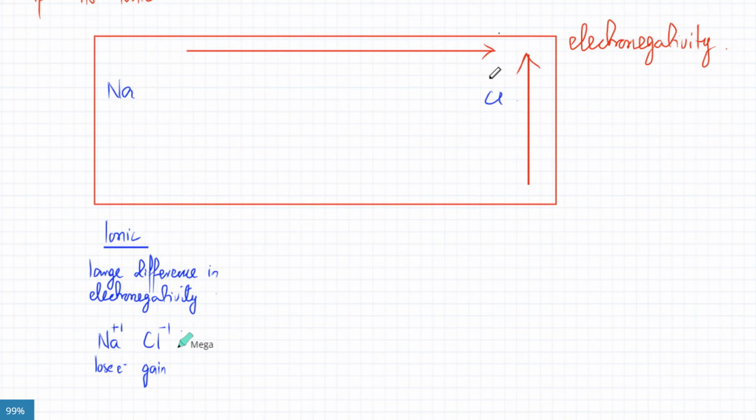Okay, so basically this is your extreme end, which is ionic. Then you have the other extreme end, which is a perfectly covalent molecule. So let's talk about a perfectly covalent molecule.